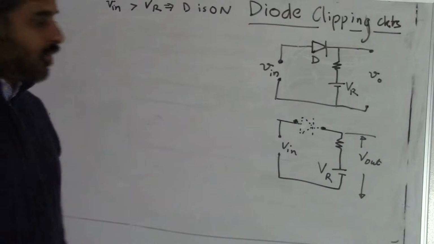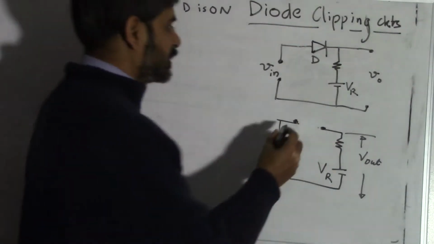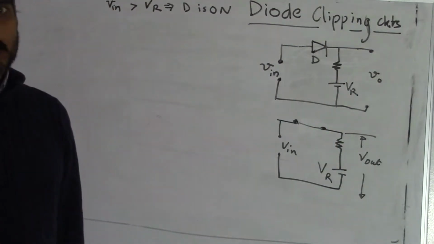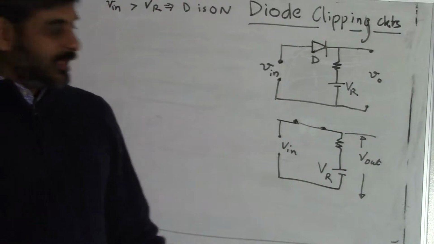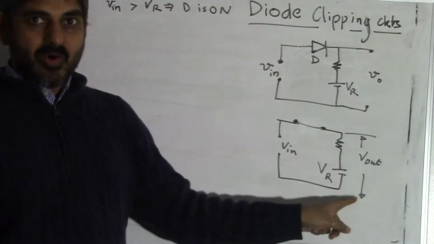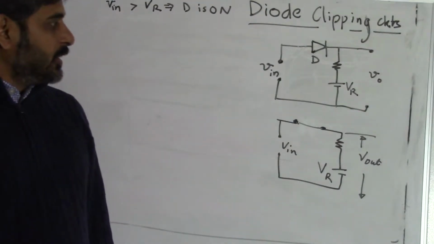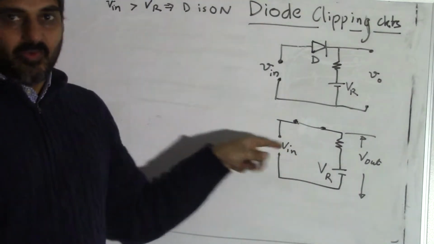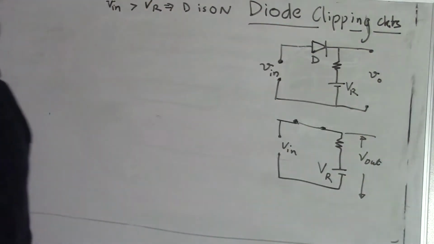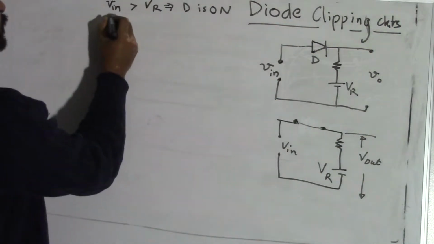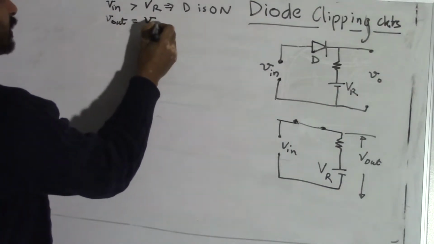And when D is on, we can mentally short this diode here. If you mentally short this, the voltage V out is going to be the same as V in. Whatever voltage appears on these terminals is going to appear at the output. So we write V out is equal to V in.